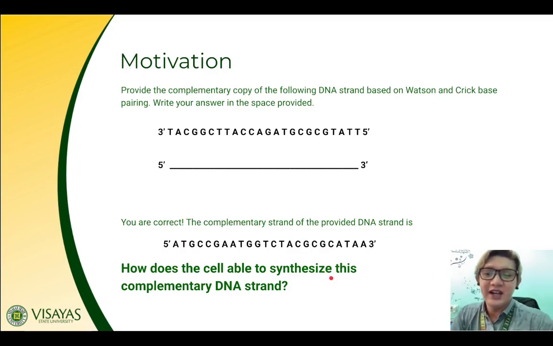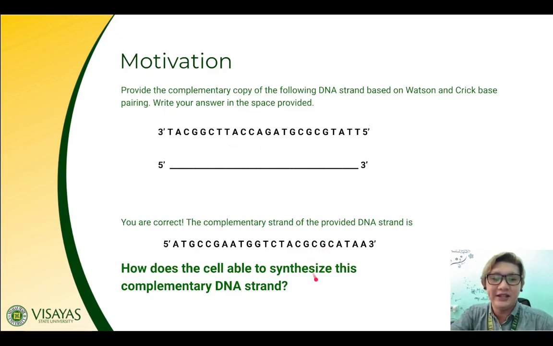So the question is, how is the cell able to synthesize this complementary DNA strand? In this lesson, we will be talking about the molecular details of how one strand is synthesized using another strand as a template.